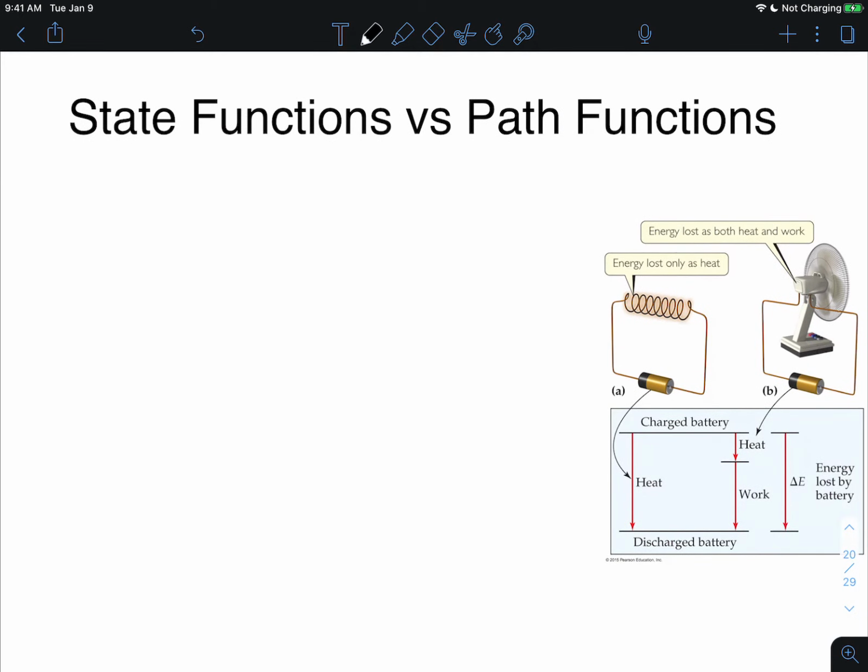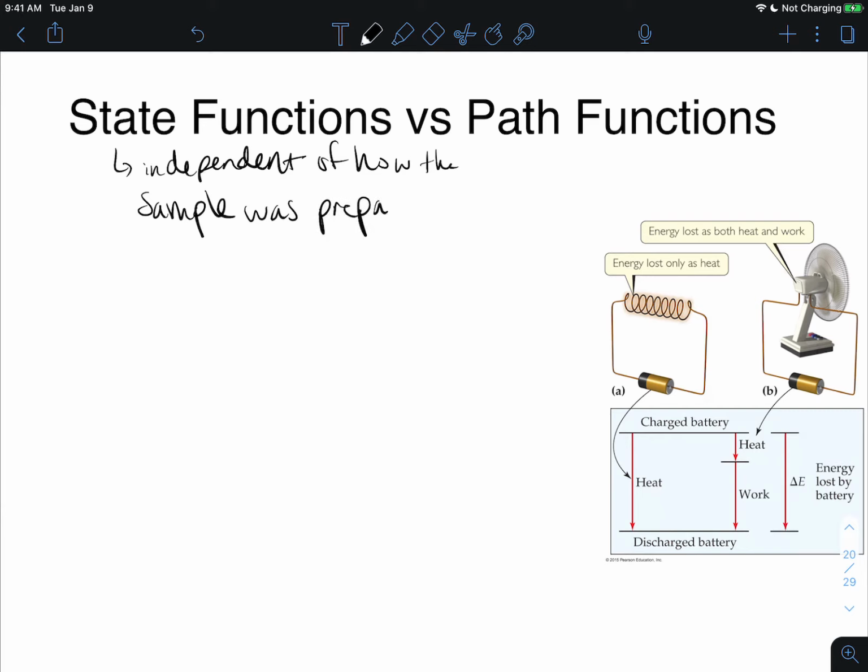We can compare this to things that do depend on our path. So state function, independent of how the sample was prepared. But a path function depends on the path.